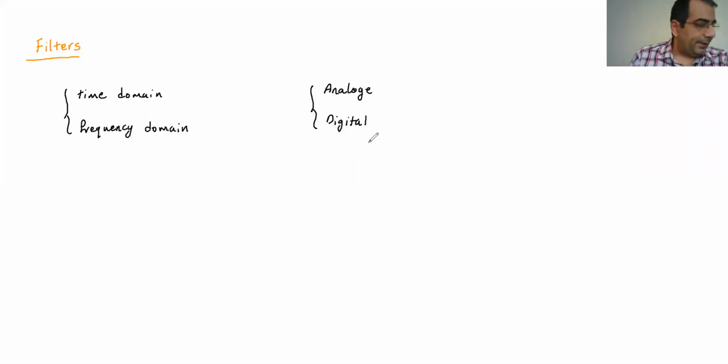So how does it work? The filter, either analog or digital, in the time domain or frequency domain, is usually like that. We have something here, assume we call it a filter, and this filter can be in the time domain or frequency domain, analog or digital.